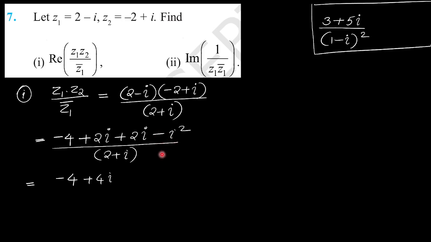So the last term is minus of minus 1, which will be plus 1. Minus 4 plus 1 will be minus 3. Minus 3 plus 4i divided by 2 plus i.